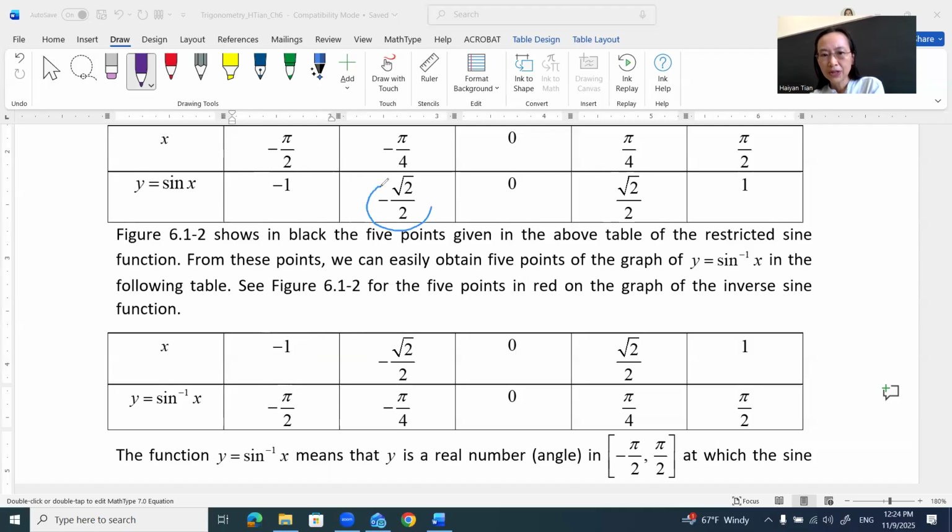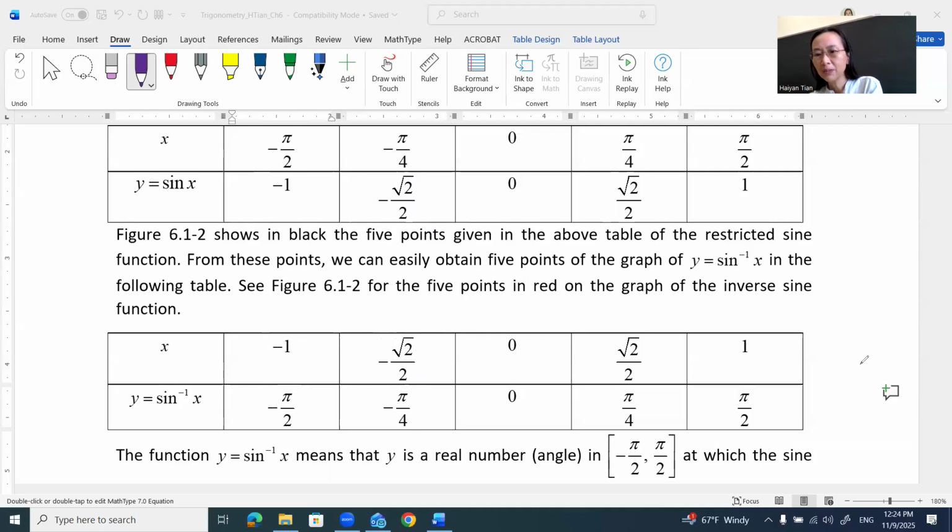Also, this one, if I input the negative square root of 2 over 2 for the inverse, I should get negative pi over 4.